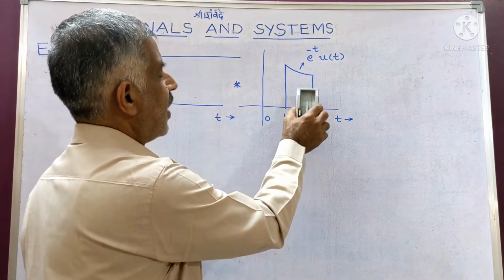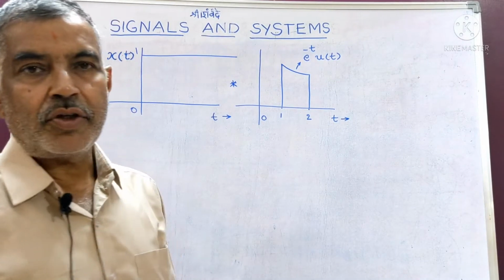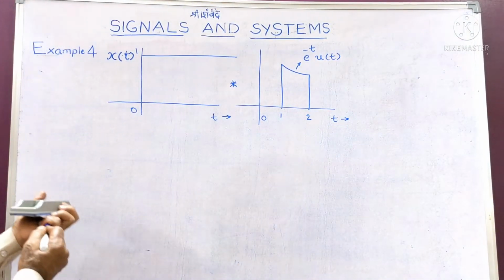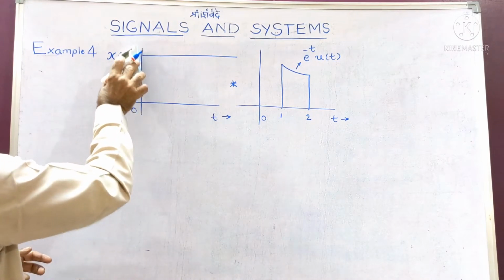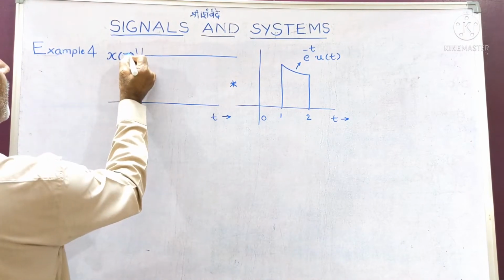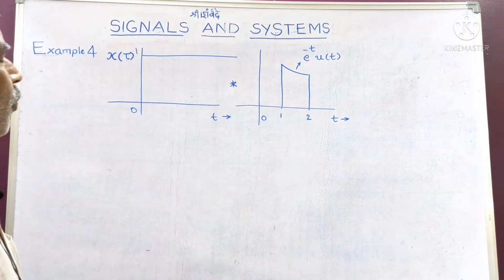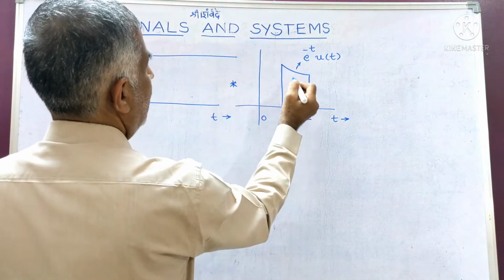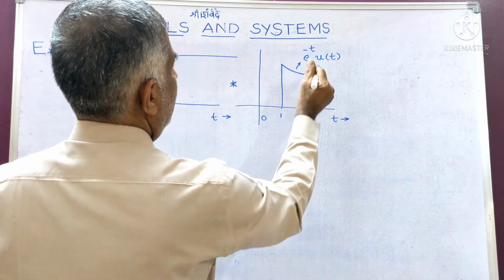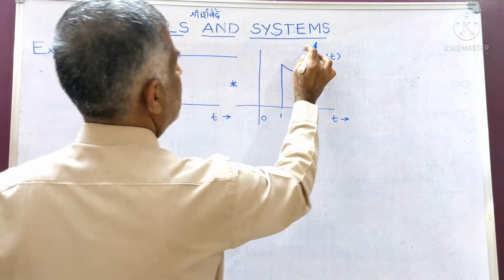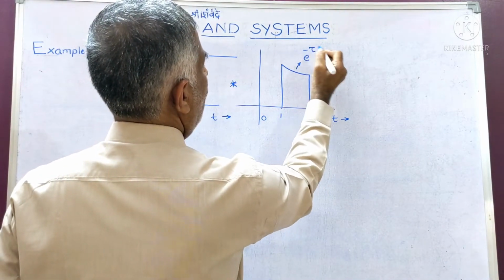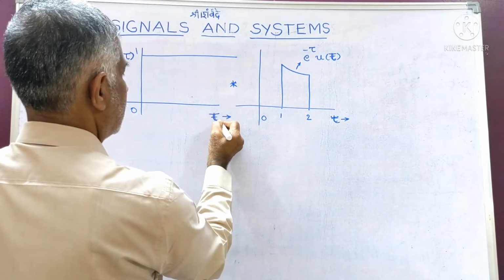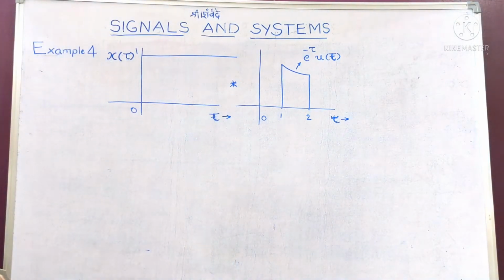Now as usual, this waveform has got two edges. First procedure, t is to be replaced, because we have to convert them to x of tau and h of t minus tau. Now this is x of tau, this is also tau u of tau.